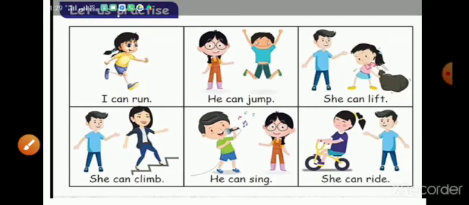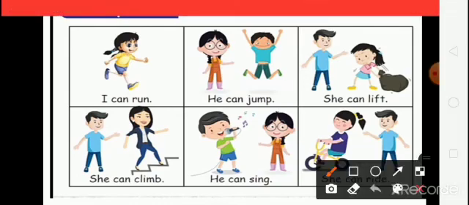Let us practice. Here some action words are given: run, jump, lift, climb, sing, ride. These are action words. First one, the girl. What can she do? She can run. Next, the boy.